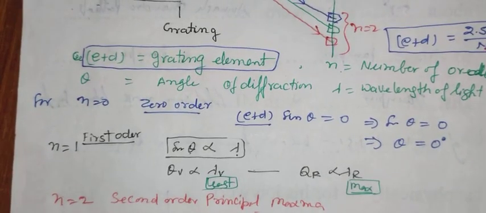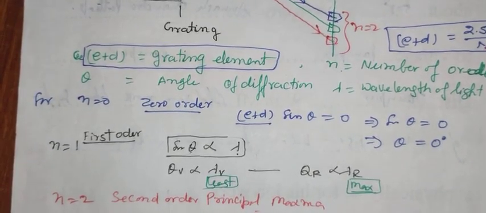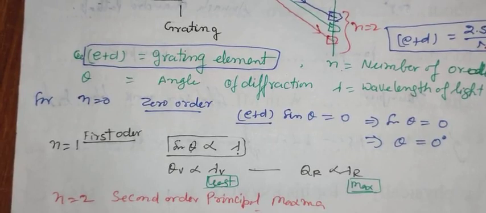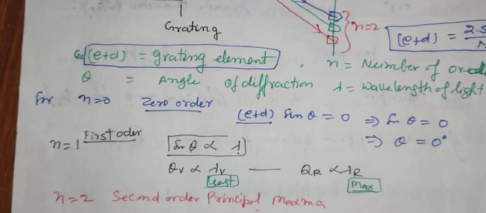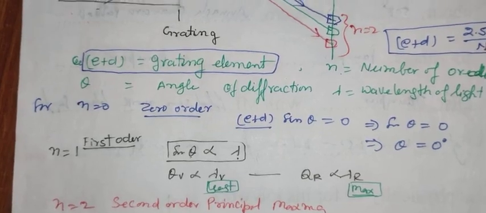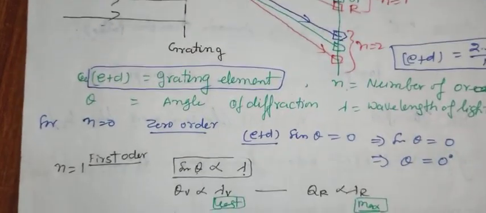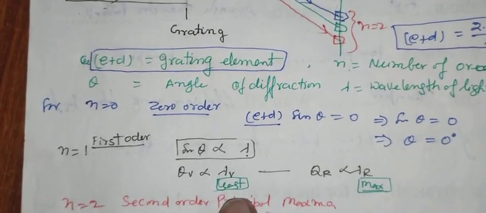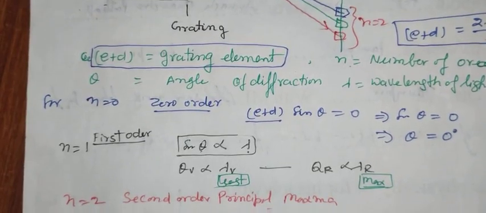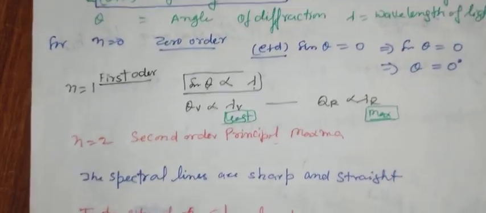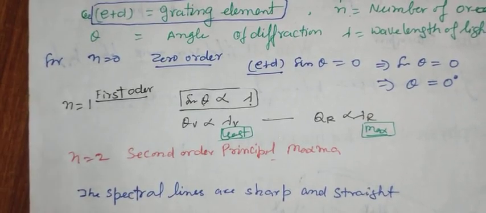It is different from the prism spectra, where the color bands are opposite: red is least whereas violet is maximum. Totally different.